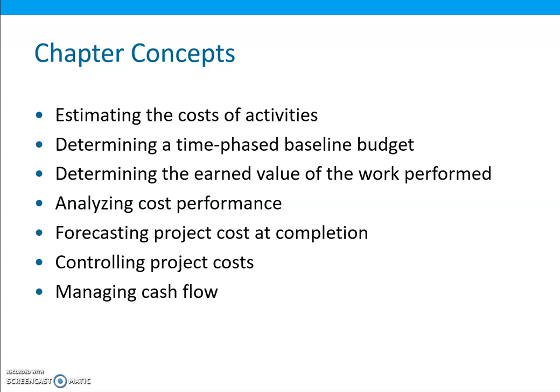So once the project starts, it is important to monitor actual costs and earned value of the work performed. At regular intervals during the project, the following cost related parameters must be monitored. Number one, cumulative actual amount spent since the start of the project. Number two, cumulative earned value of the work performed since the start of the project.